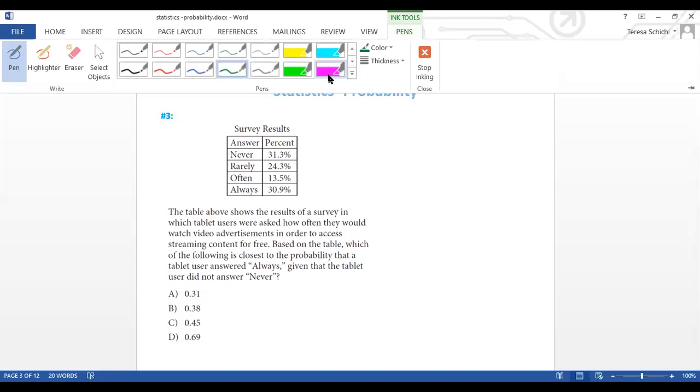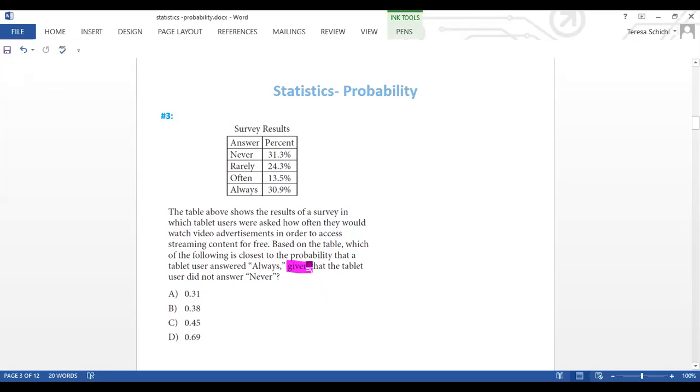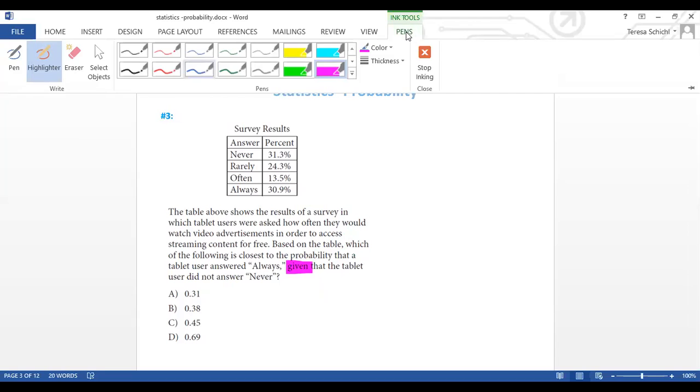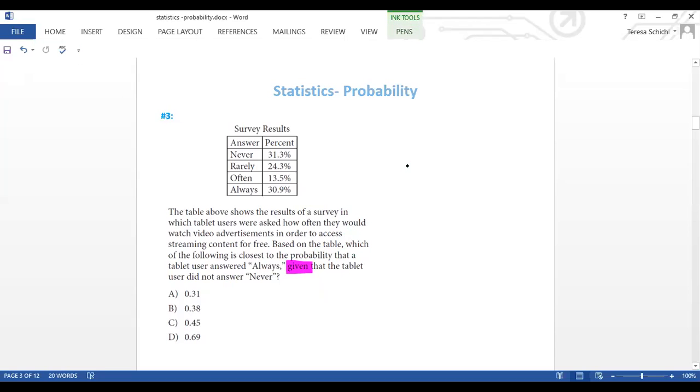Oh wow, we see a keyword here. It's "given," right? So I know immediately what I'm looking for: a conditional probability.